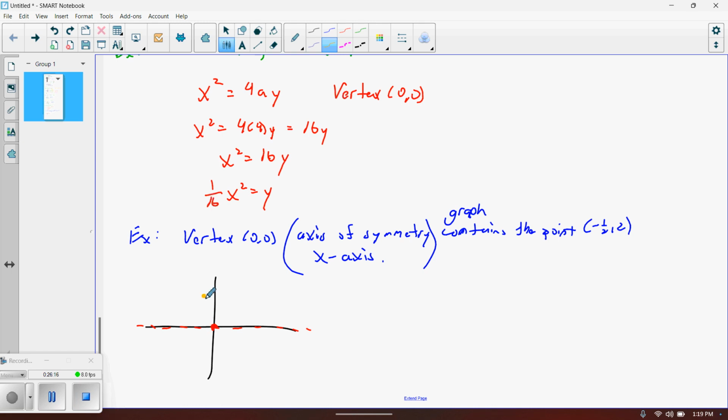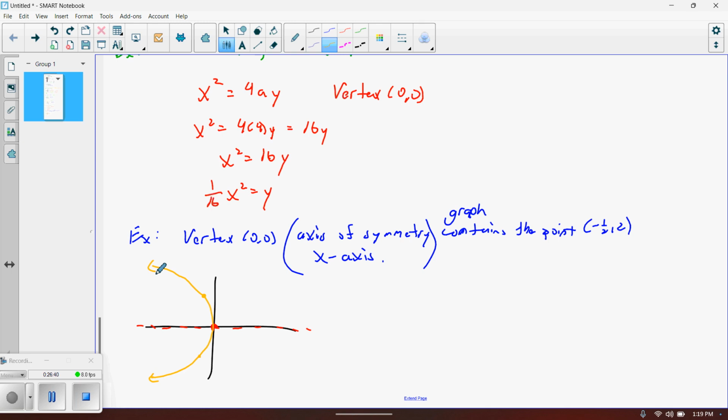That tells me this thing has to open to the left, because of symmetry I also have to have a -1/2, positive 2 someplace. A real quick sketch would look something like this. So my focus has to be to the left, a negative value on the x-axis, and your directrix is going to have to be to the right, a positive value on the x-axis.